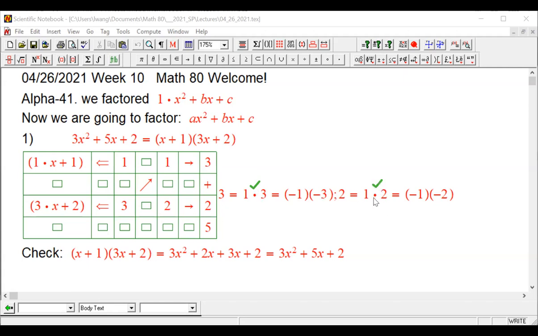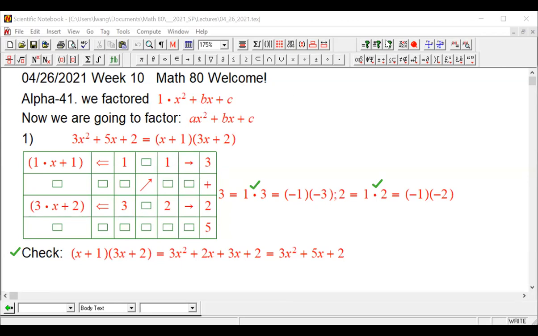So it works for this pair, and we don't need to try the other options. Once we find the match, we can stop. That's the beauty about it. You don't have to try every option. If you find the match, you got it. But make sure you check.